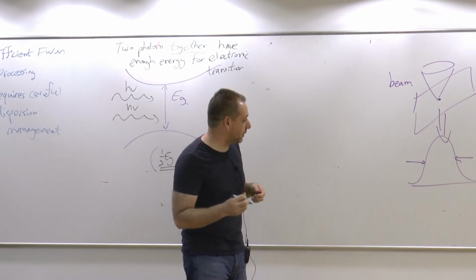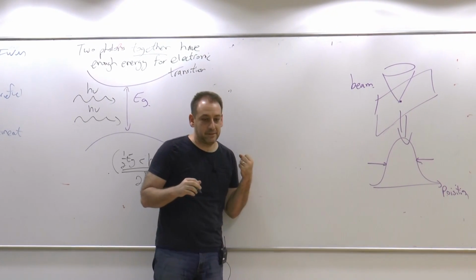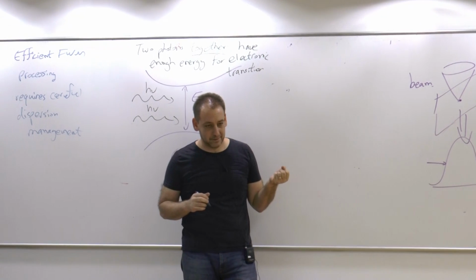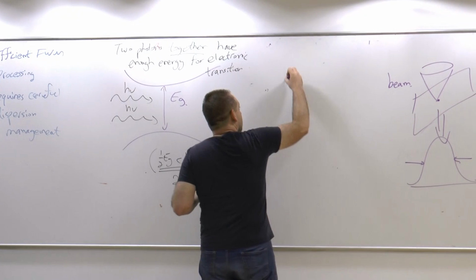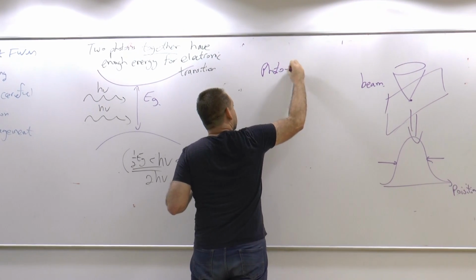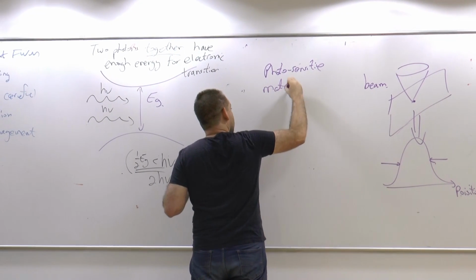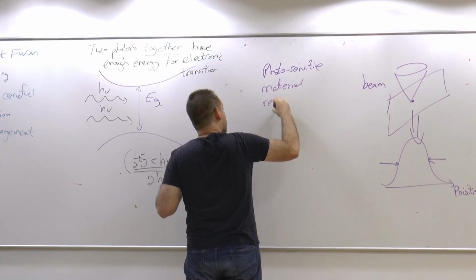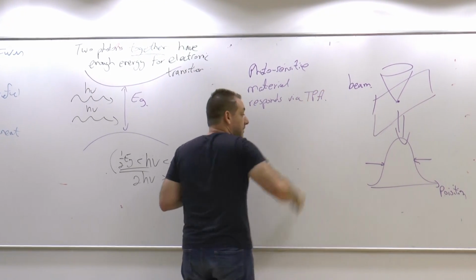But what if now I have a different material that is modified not by absorption, but by two-photon absorption? What if now the photosensitive material actually responds via TPA?